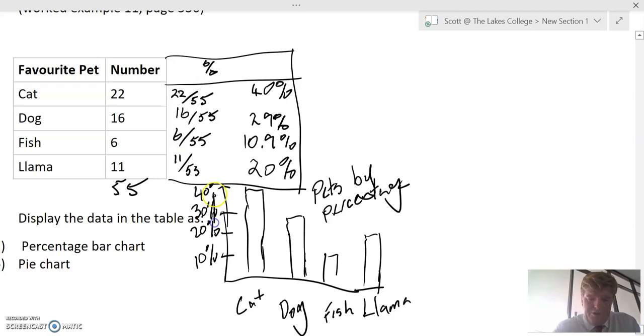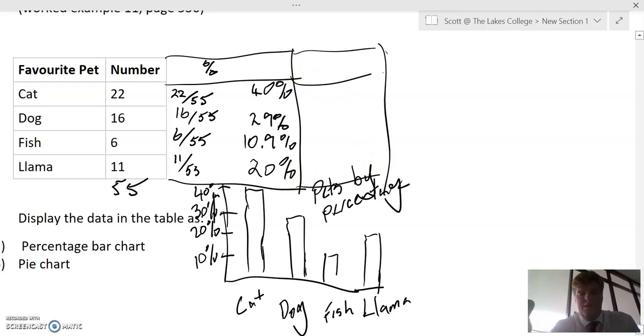So now we've got to turn that into a pie chart, which is a good way of representing this sort of data. So what we're going to need is to work out the percentage as a degrees.